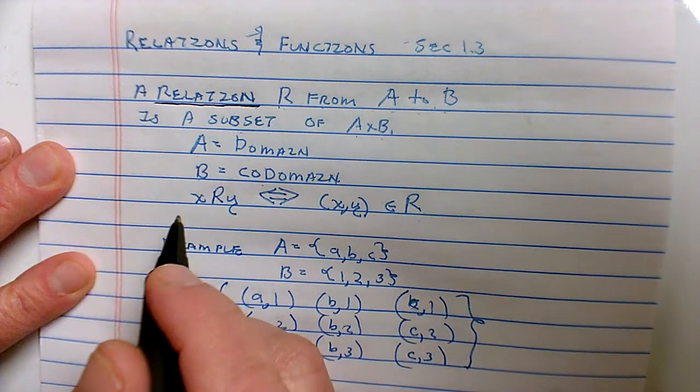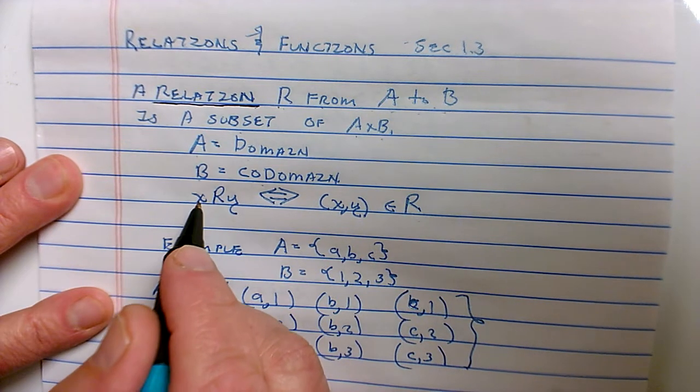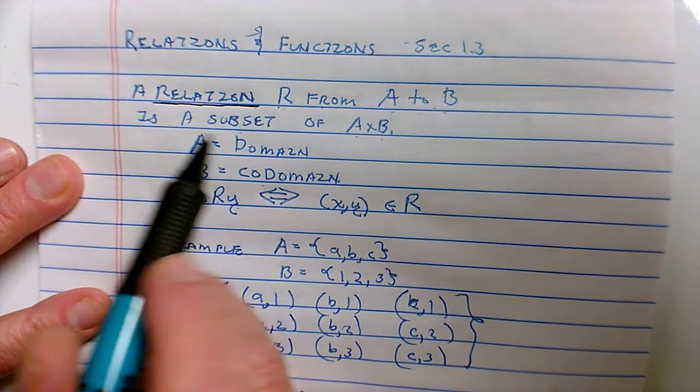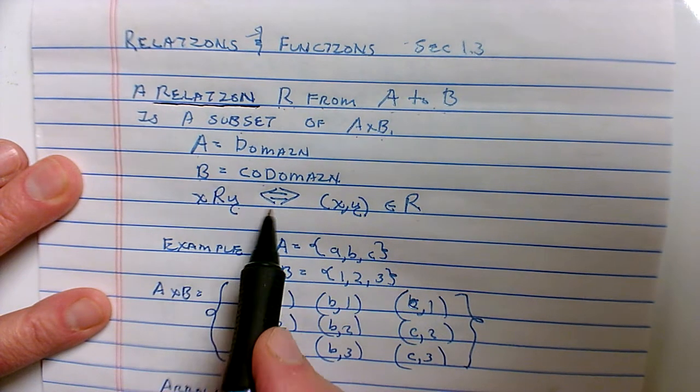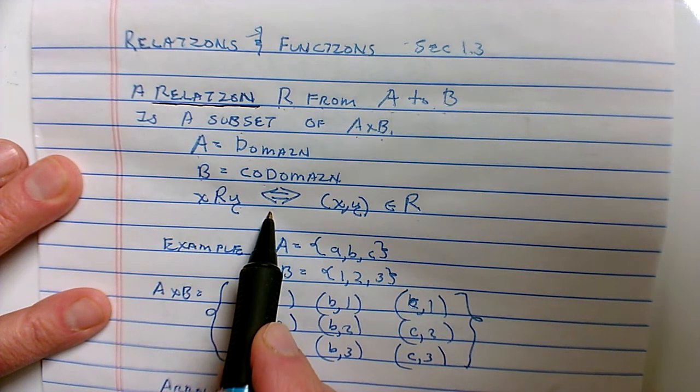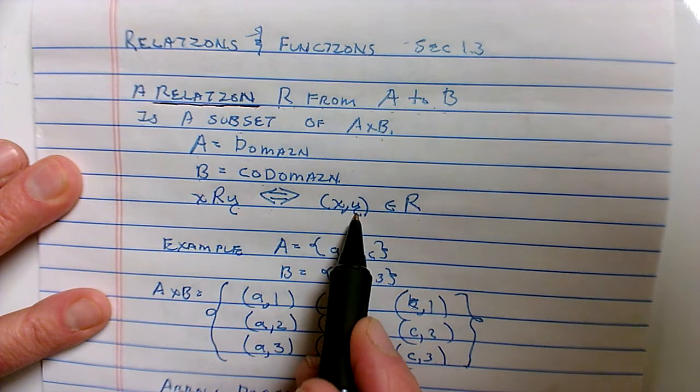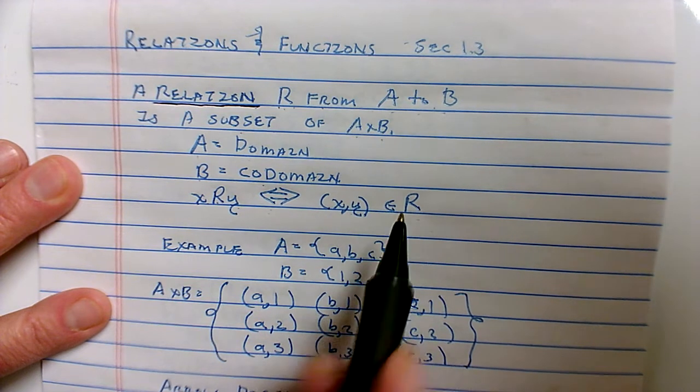And we can have shorthand notation here where we will say x R y, R being the relation that we have here. x R y means, or we can say if and only if, the ordered pair (x, y) is an element of R.